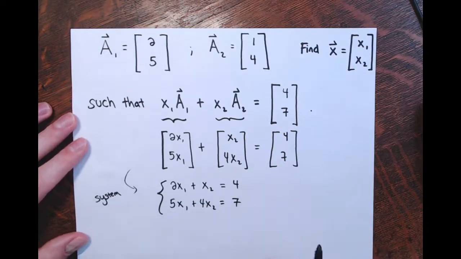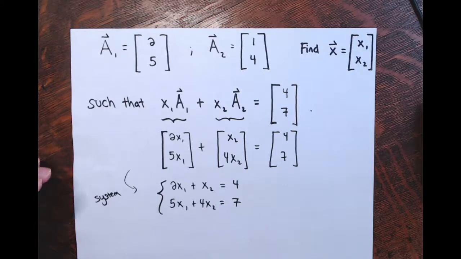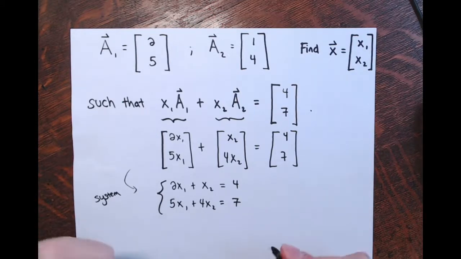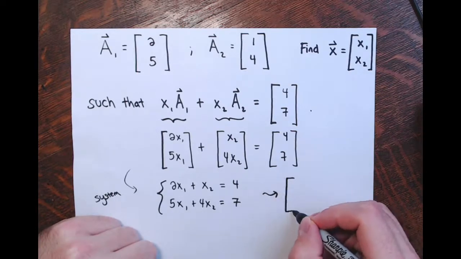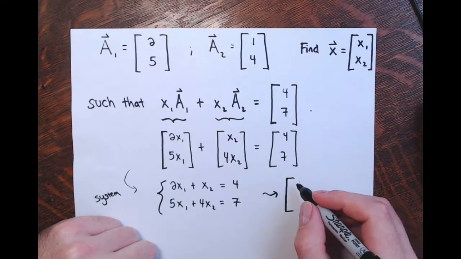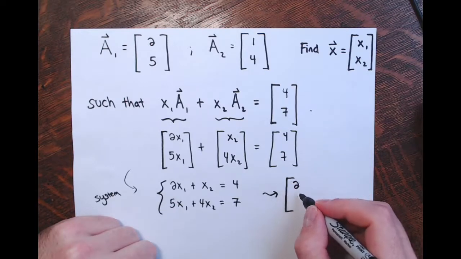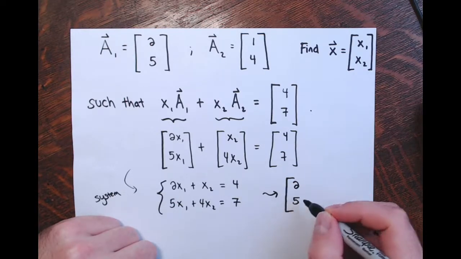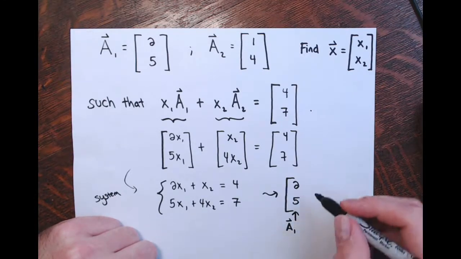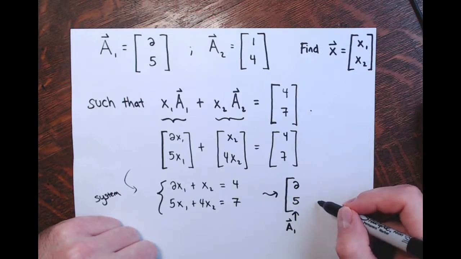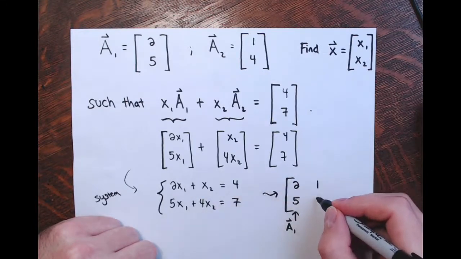And remember how we can express a system of equations in many different ways. As a matrix equation, I could express this as the coefficient matrix, where down the first column are the coefficients of x1, and that's just the vector a1, 2, 5. And then the second column is the coefficients of x2, 1, 4.